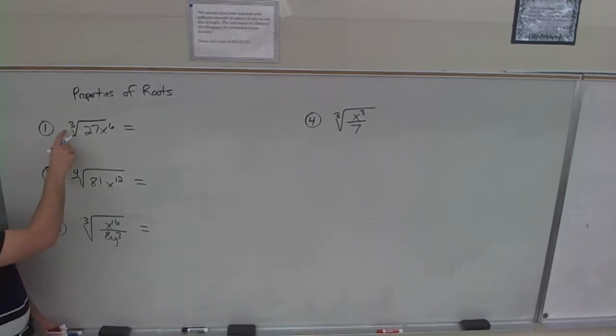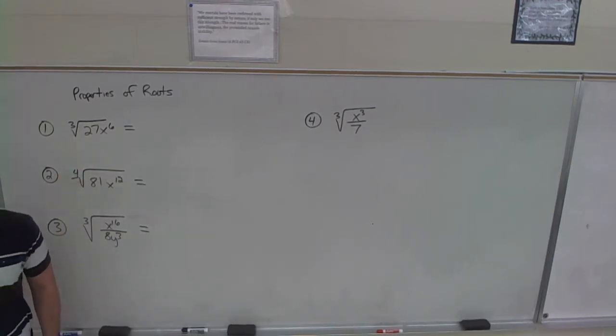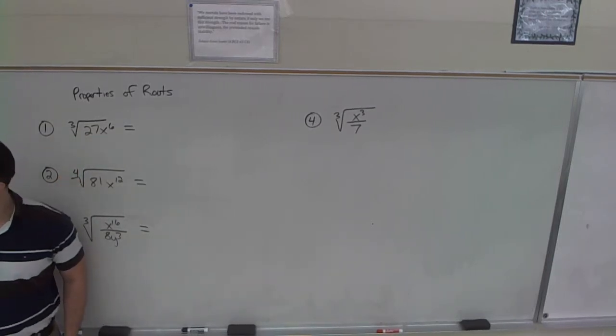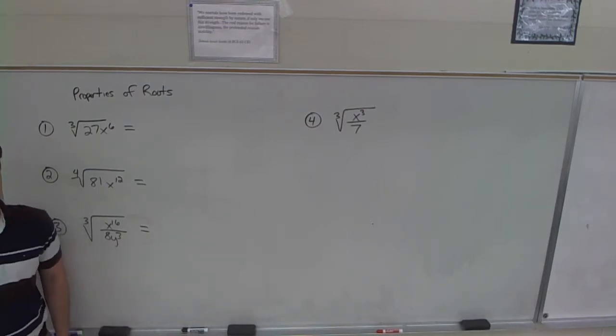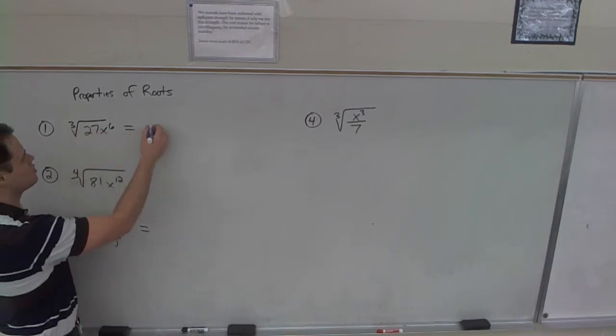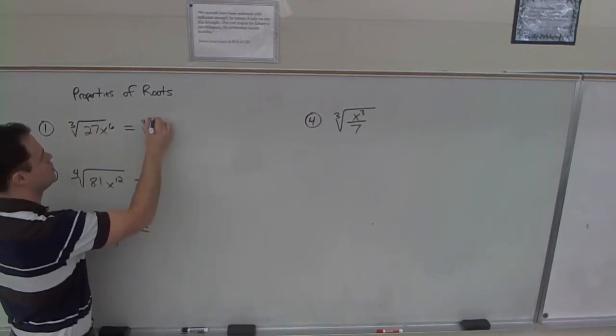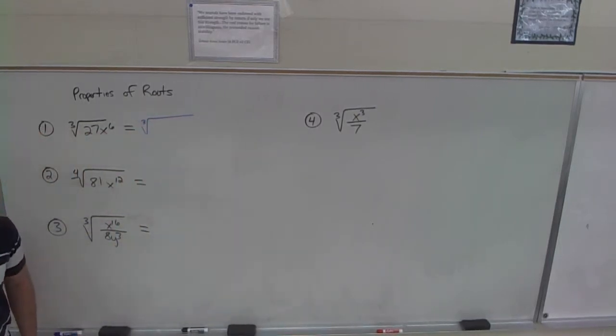So since this is a cube root, what you want to do is take the stuff inside and try to put it into cubes. You want to arrange it into cubes so that you can get stuff that cancels, okay? So cube root of 27x to the 6th. Well, the number part is the part that might give you a little trouble sometimes. This one's pretty nice because the cube root of 27, didn't we just do that?